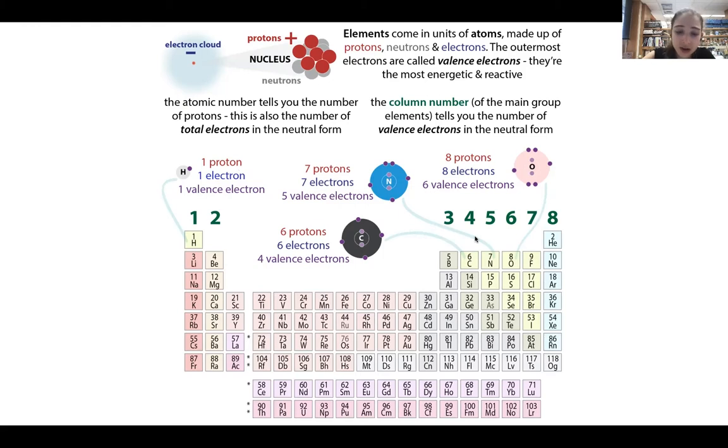For reasons I've gone into in a different post, atoms like to have a full shell of valence electrons. Valence electrons are the outermost electrons, and they like to have a full shell. Too complicated to go into here.